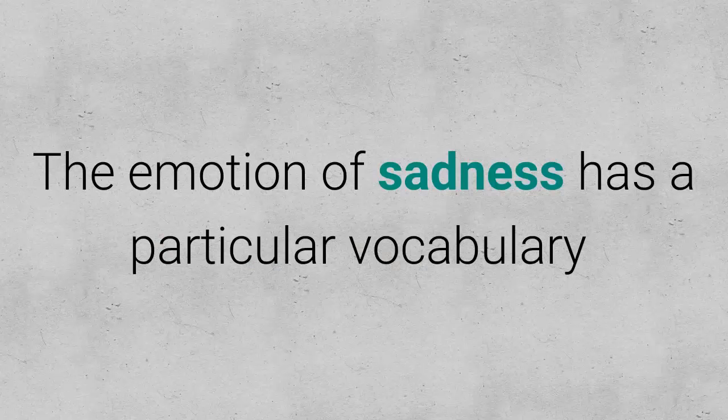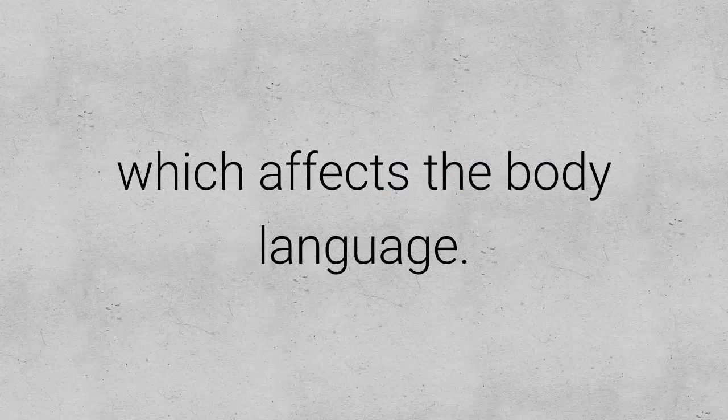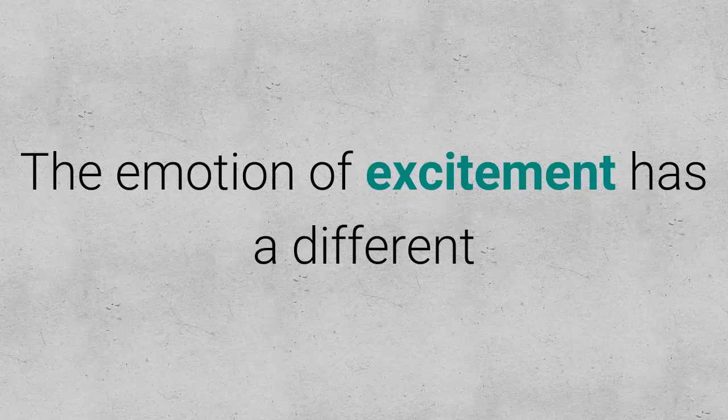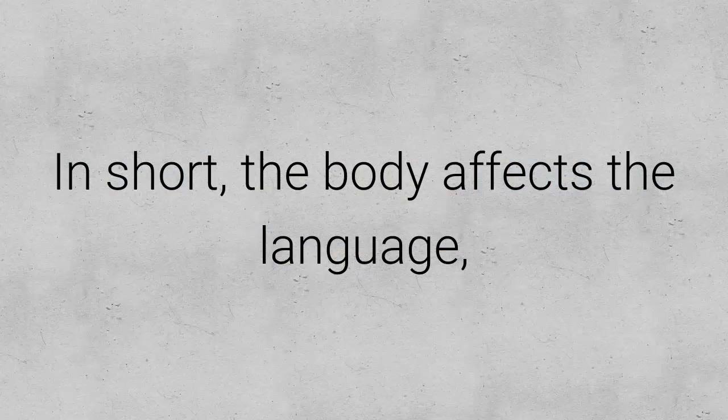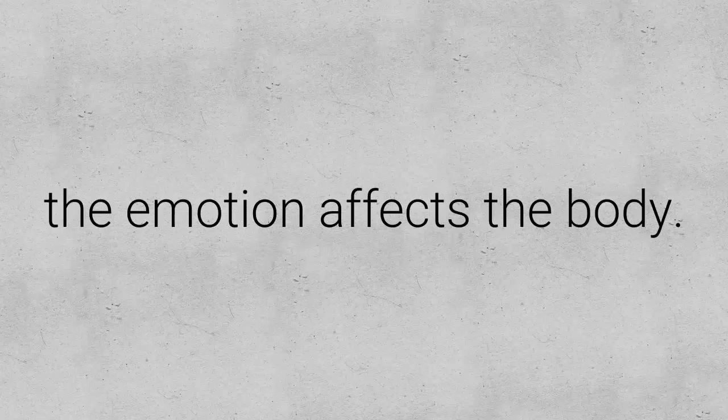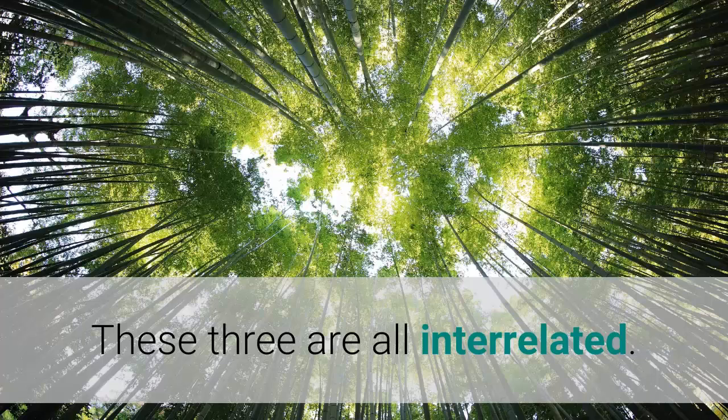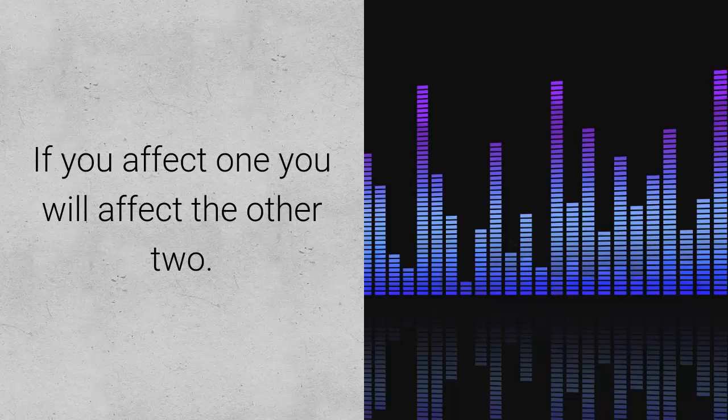The emotion of sadness has a particular vocabulary which affects the body language. The emotion of excitement has a different vocabulary which corresponds to different body expressions. In short, the body affects the language affects the emotion affects the body. These 3 are all interrelated. If you affect one, you will affect the other 2.